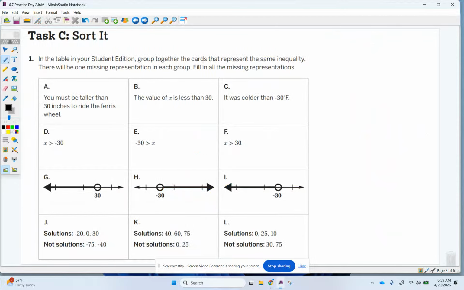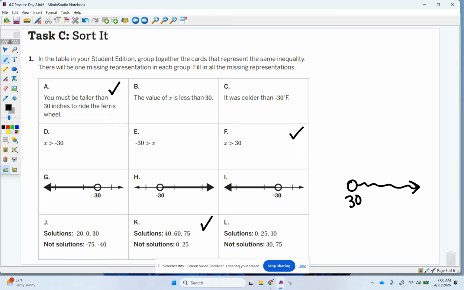I have in my chart that A matches with F, matches with K, and then I would have to draw that one, and it would look something like, I would have an open circle at 30, and then I'm going to shade this way. Yeah, that's what it would look like.